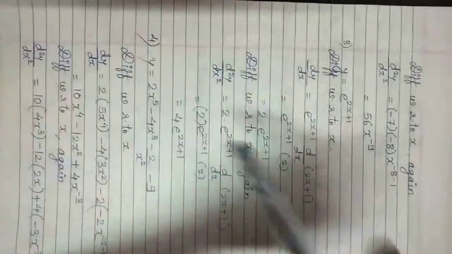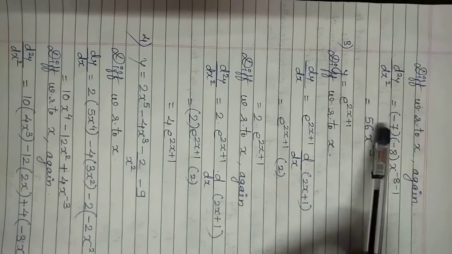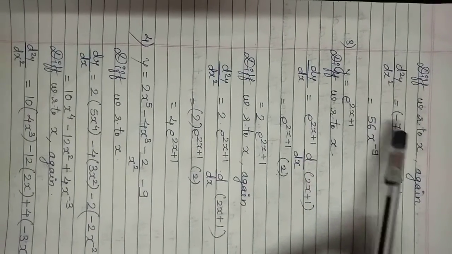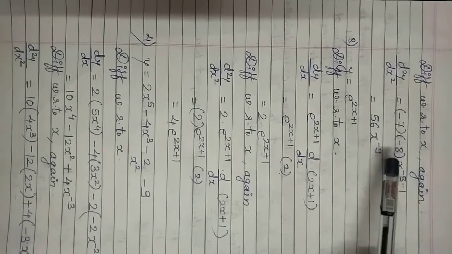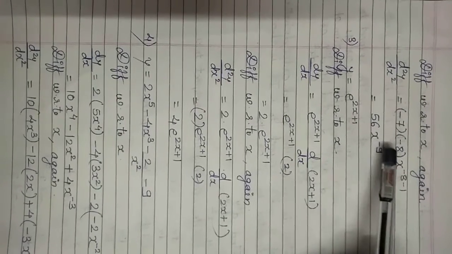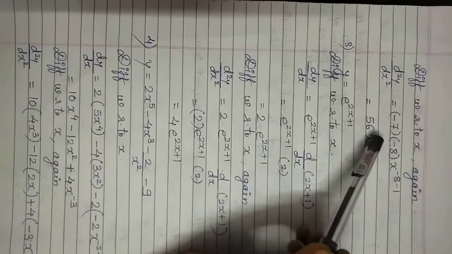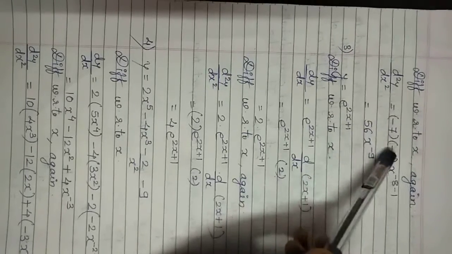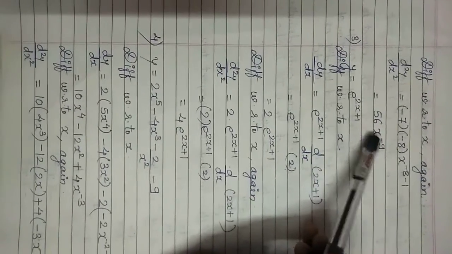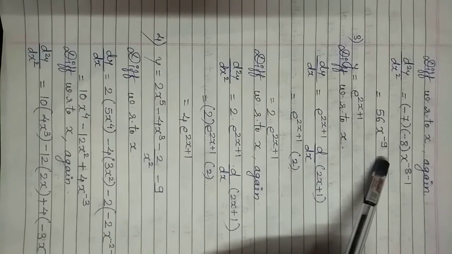So we will get d square y by dx square is equal to minus 7 as it is, and for x to the power minus 8 we apply the x raised to n formula. So minus 8 into x raised to minus 8 minus 1, that is 7 eights are 56, minus minus will become plus, and x raised to minus 9. This is the second order derivative of the given function.